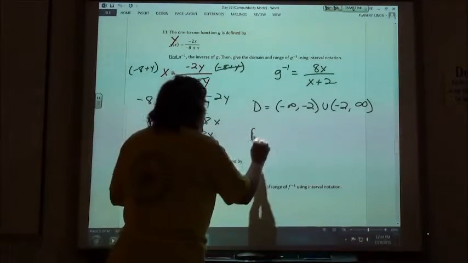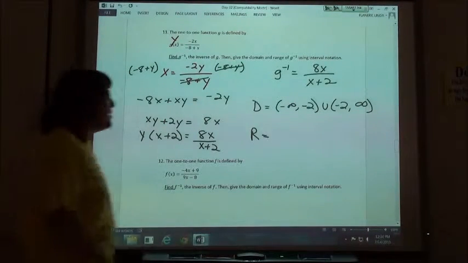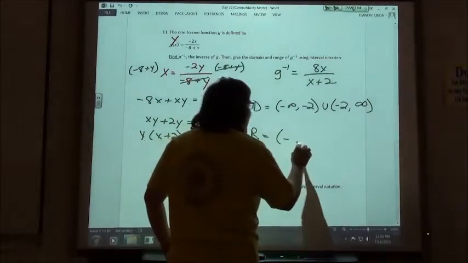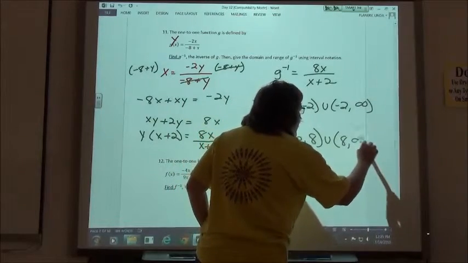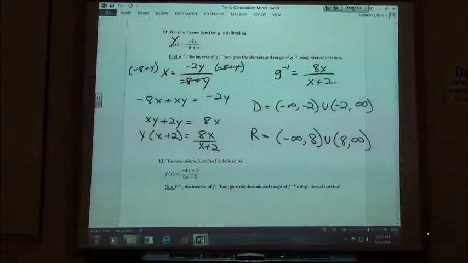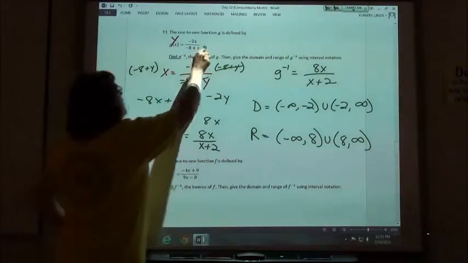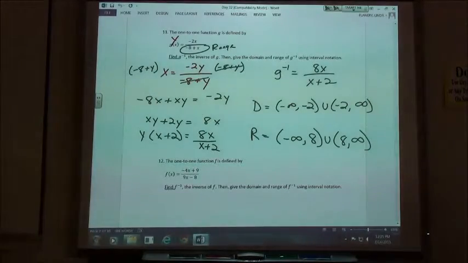The range of my inverse function, which is the domain of my original function, would be 8, right? Negative 8 plus x can't equal 0, so it's a positive 8 that we can't have. So negative infinity to 8, and 8 to positive infinity. So you're using that when you find your range.